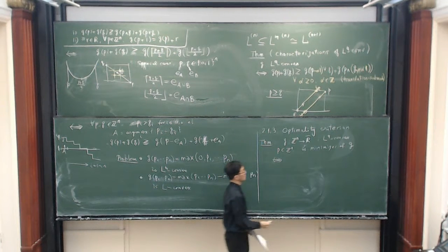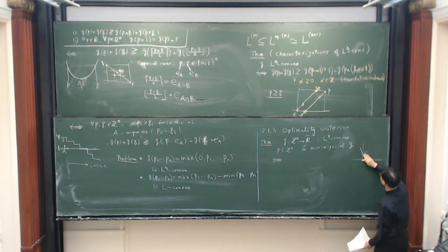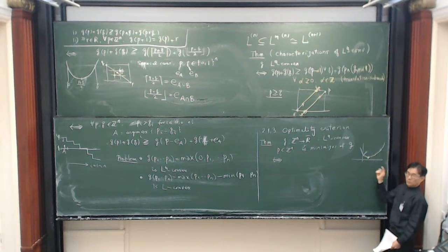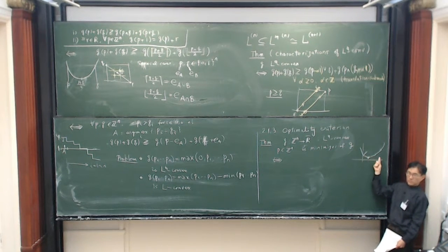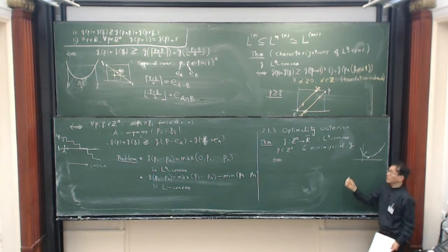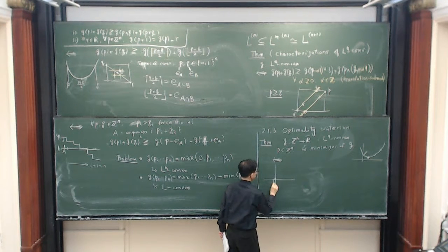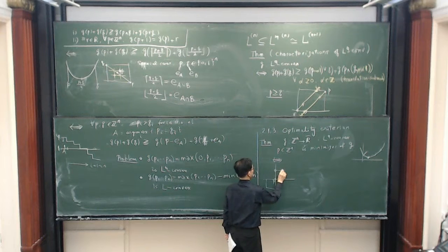Okay? So remember that in this one-dimensional case, this point was optimal if and only if it is smaller than or equal to the neighbors. So in this case, we have to define neighbors. And here is a neighbor. So P is here. These points are neighbors.